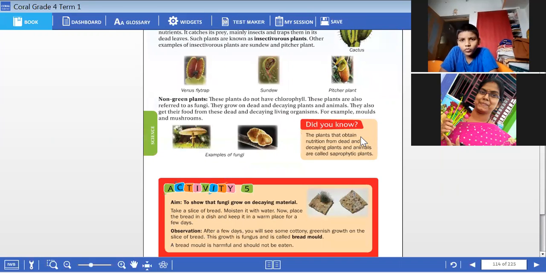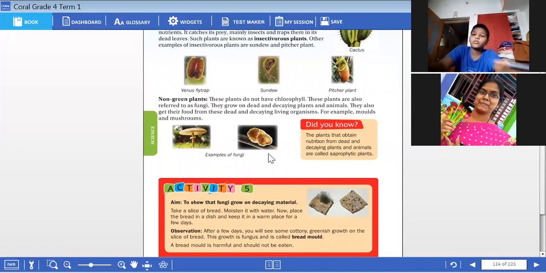Do you know the plants that obtain nutrients from dead and decaying parts of animals are also called not only fungi, children, they are also called saprophytic plants. Yes, children, they are also called saprophytic. Non-green plants have two names. One is fungi and the other one is saprophytic plants.